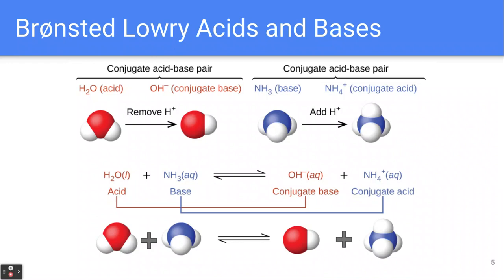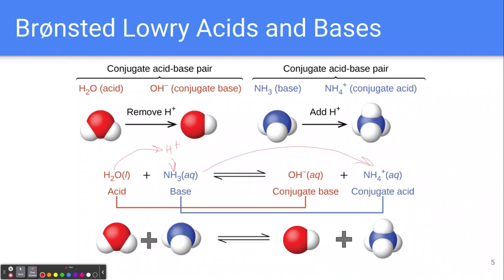So this is what it looks like all together. If we take water and ammonia, it's going to turn into hydroxide and ammonium. So again, what's happening here is that your water is donating a proton. Okay, so water is going to donate a proton to the ammonia. That's going to turn it into NH4 plus.